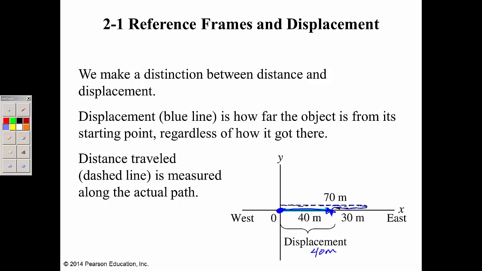The distance that you travel is measured along the actual path. So if you had to go 70 meters, pull your U-turn, come back around, your distance traveled would actually be 100 meters. So very distinct difference between the two. You could even say that the displacement would be path independent.